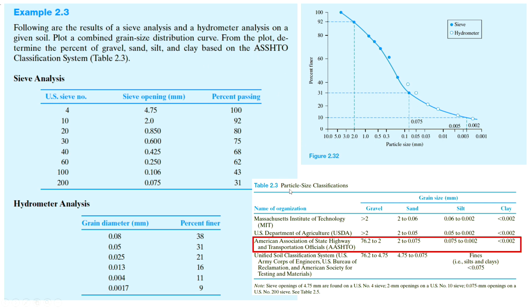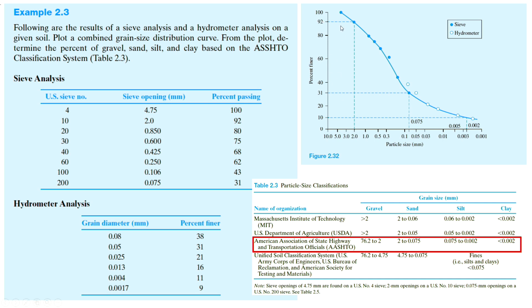For gravel, based on this system, gravel is the particle size higher than 2 millimeters, between 2 and 76.2 millimeters, right? So we find 2 millimeters on the particle size distribution curve. It corresponds to a percentage of 92.